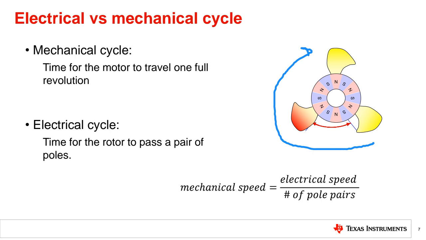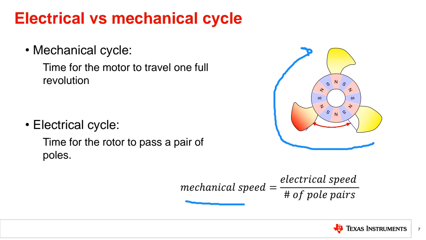Correlating that to speed, the equation for mechanical speed is equal to electrical speed divided by the number of pole pairs of a permanent magnet motor. This equation is very important. Lots of time you will use it. Mechanical speed is equal to electrical speed over the number of pole pairs of your motor.